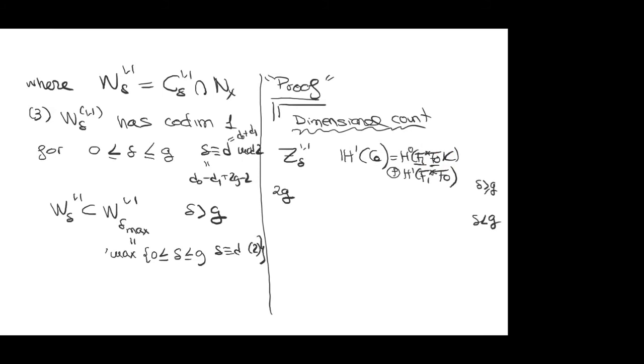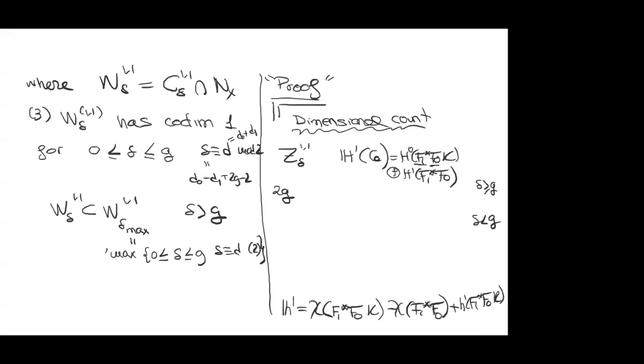Also, generically, it's not hard to see that this H1 is the Euler characteristic of F1, F0, minus the Euler characteristic of F1, F0, plus H1 of F1, F0.